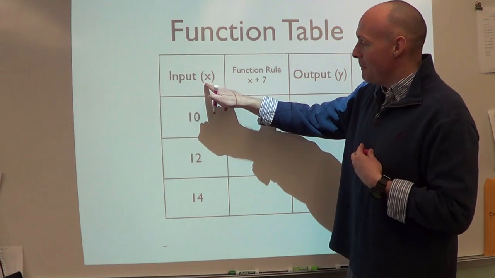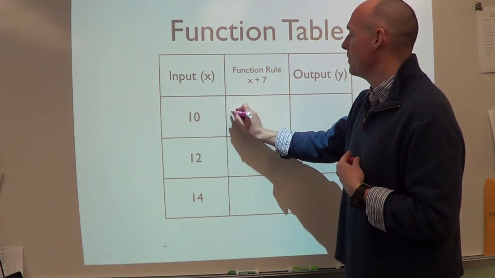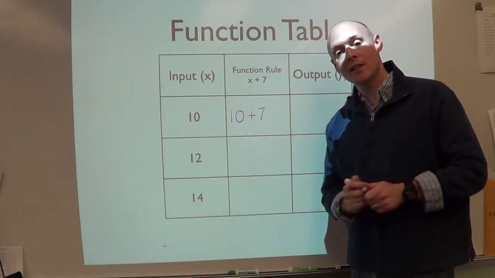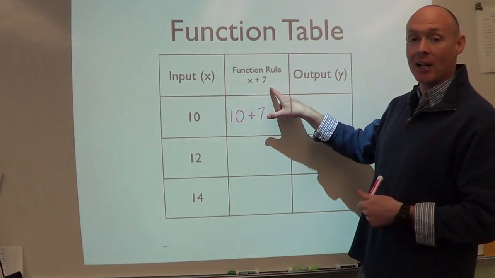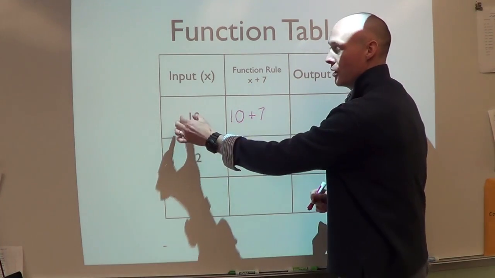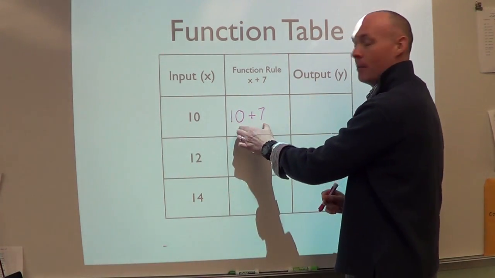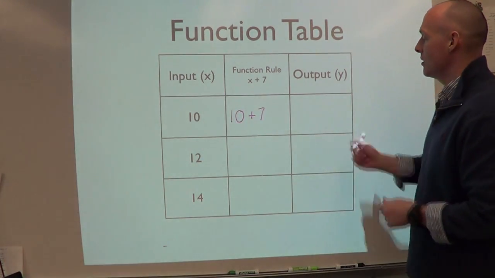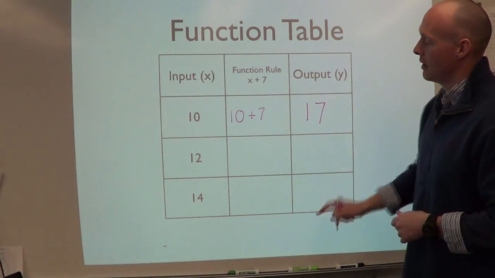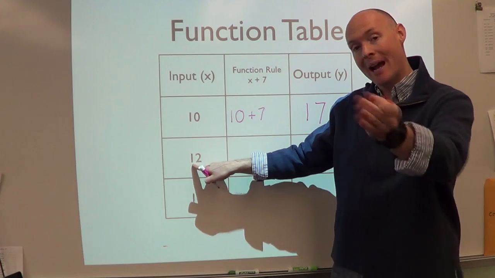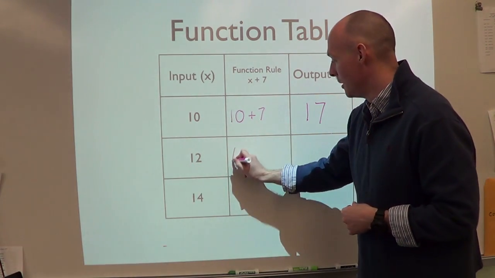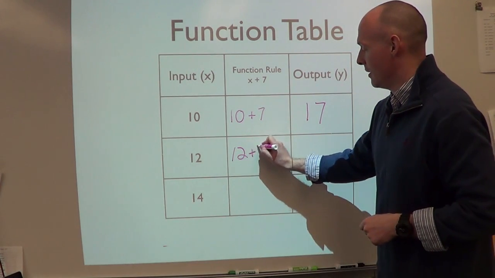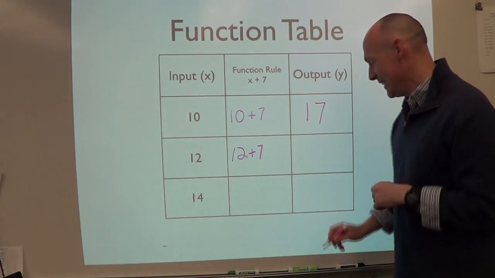So in this case, if my X is 10, then it would say 10 plus 7. And notice what I did there? Instead of copying X plus 7, I just substituted whatever my input is, plus 7, to get my output. 10 plus 7 is 17. My X, or my input here, is 12. 12 plus 7, 19.